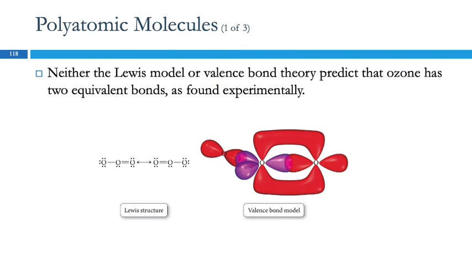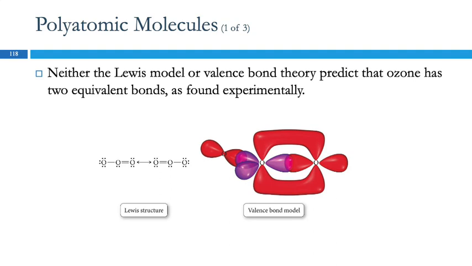Okay, so this is why we look at this. We looked at the diamagnetic, paramagnetic behavior of oxygen, right? And we saw that molecular orbital theory explained this where the other theories didn't. Here's another place where molecular orbital theory explains something that Lewis and valence bond do not.